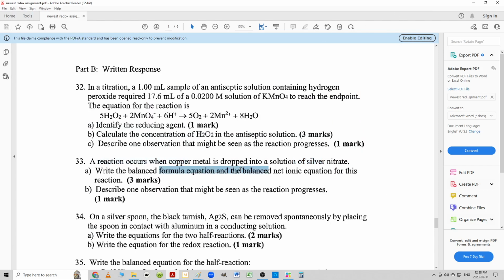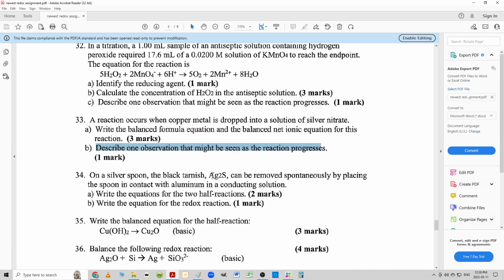You can write the balanced equation because the copper metal will become an ion, and the silver ion will become solid. The nitrate will play no role at all. It won't be in the equation. Describe one observation that might be seen as the reaction progresses. The copper metal will shrink as it gets stripped of electrons.